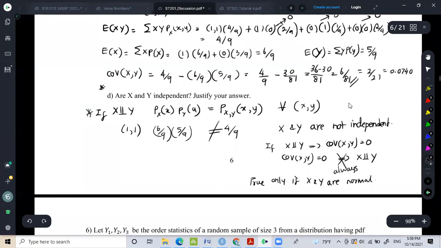If they are normal and the covariance is 0, that means X and Y are independent. But for other distributions, it is not true. Both directions will not work; this is a special case. I think that is what you have been mistaken about. But although X and Y are normal distributions, if they are dependent, then there will be a covariance term. In that case, you cannot just simply add the two variances. There will be a covariance term.